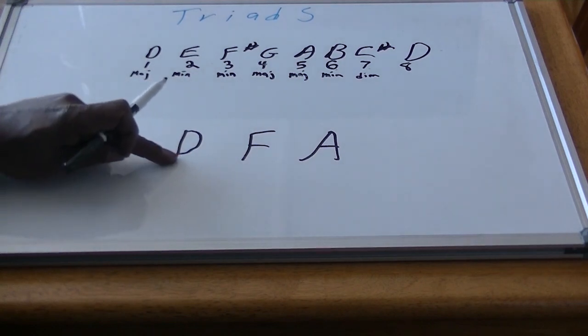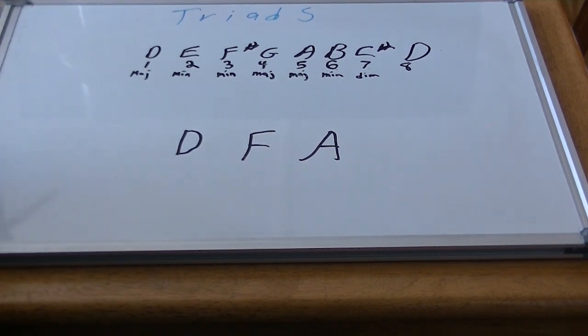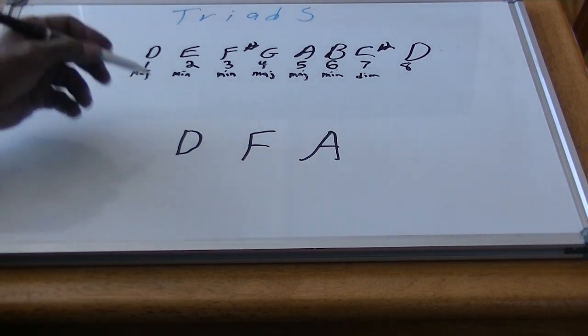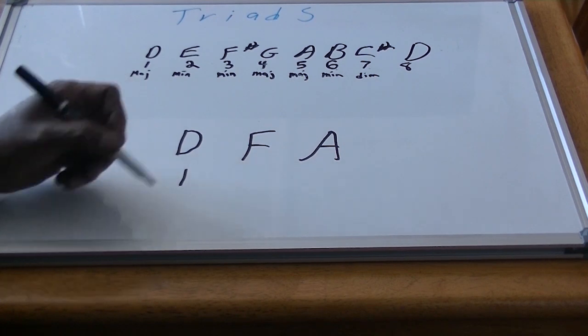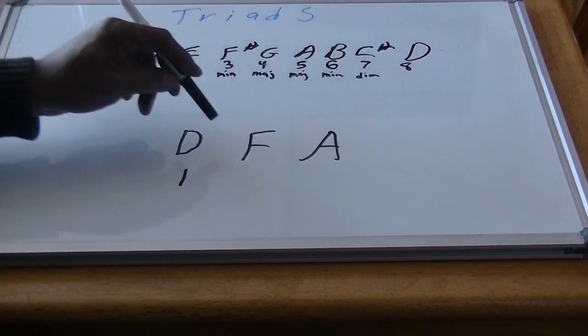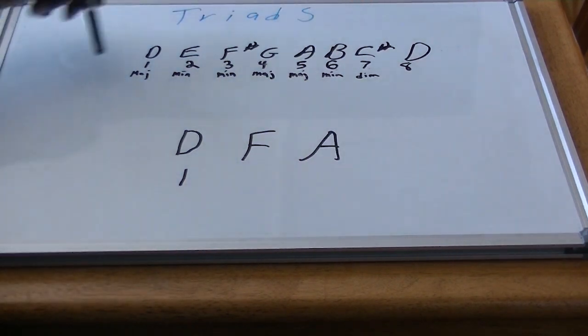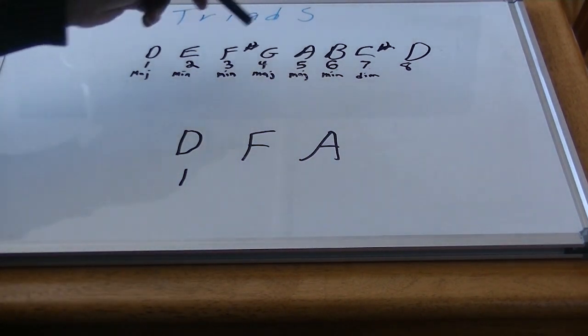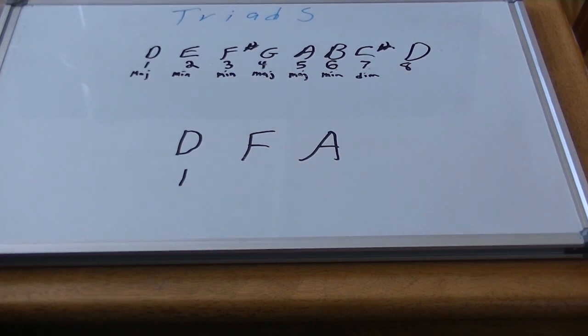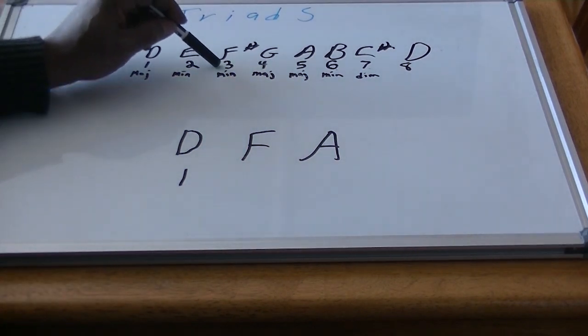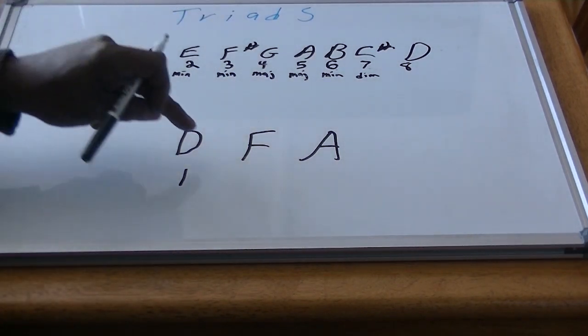As I stated before, the root note always comes from the first note of the scale. So that's 1. Now let's look at the F note. If we look at our scale, there is no note F in the scale. However, the third note of the scale is F sharp.